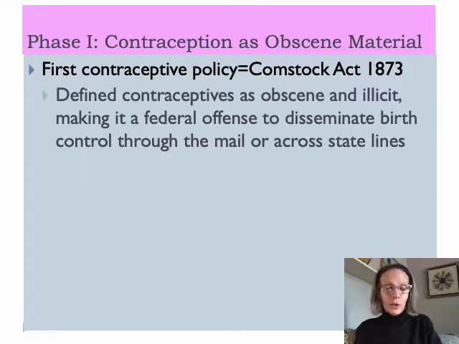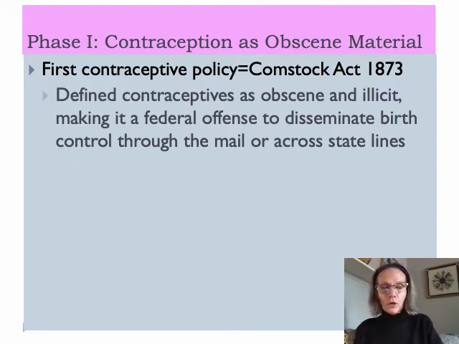You could not use the mail to distribute contraceptives and information about contraceptives because the United States has control over the Postal Service. And you can't cross state lines and deliver any sort of contraceptives between state lines because the United States government has control over interstate commerce.